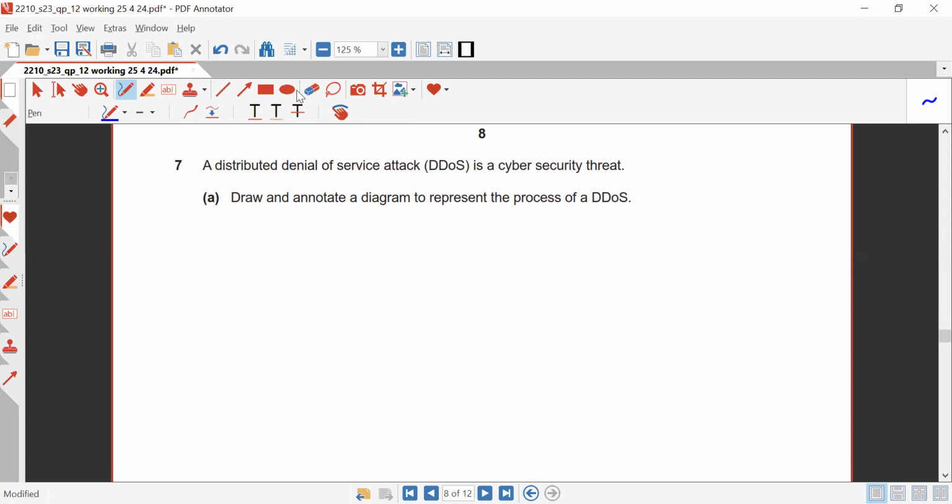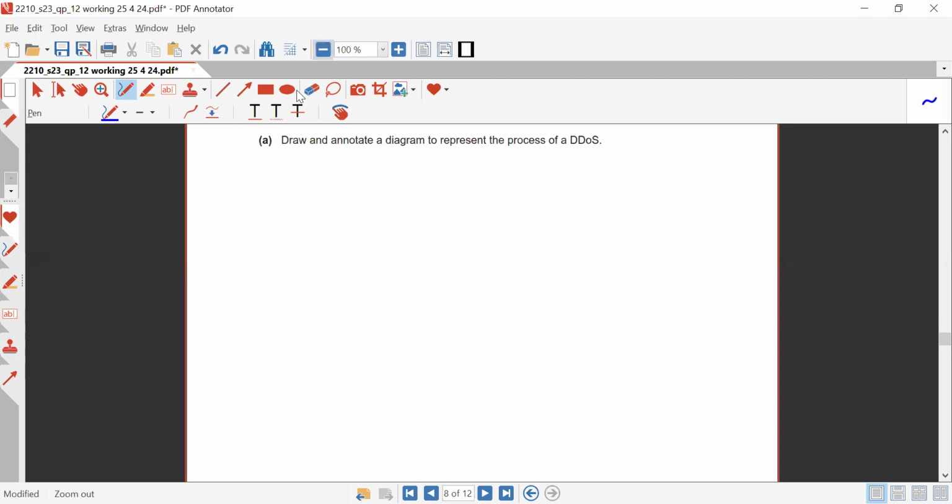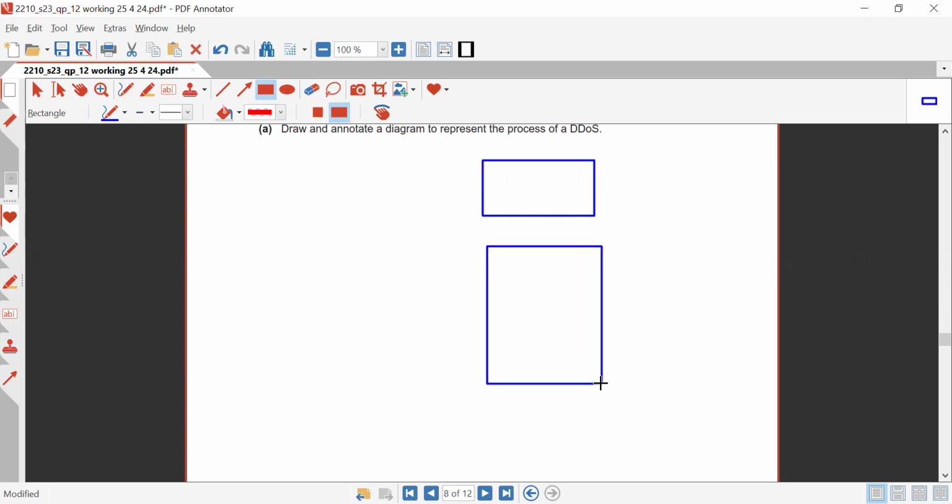Okay, DDoS means that you are sending too many requests to the server at the same time, so that it stops responding. So we need to do this one. How are we going to do this one? We will be saying, okay, so it's one box, the other one is this one.